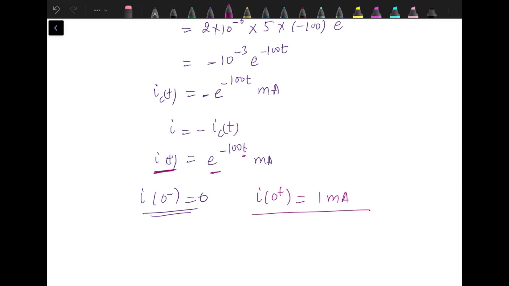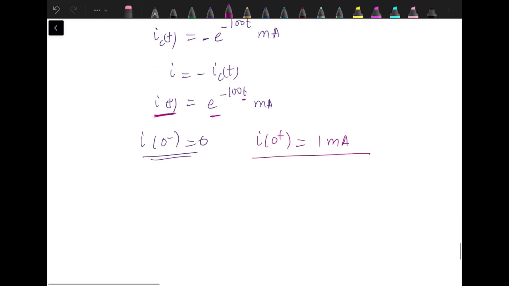So this is how we obtain different answers by just calculating the voltage across the capacitor.